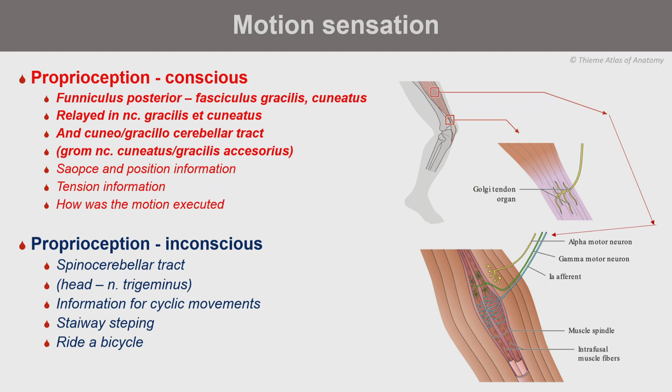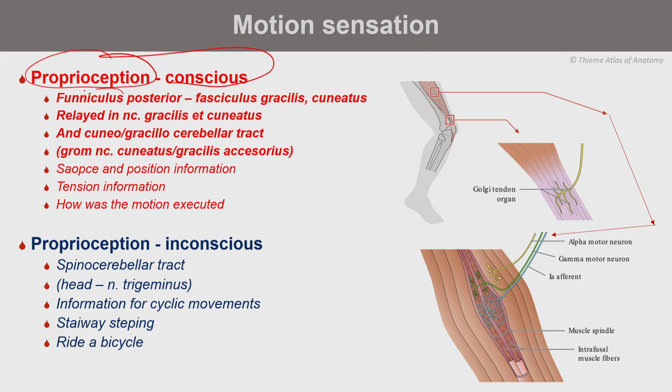About the motion sensations, I have told you about proprioception. Proprioception is very important sensitive information which is going from inside of the human body. It's not pain, but everything about the tension of a muscle, about the tension of a tendon, is called proprioception.